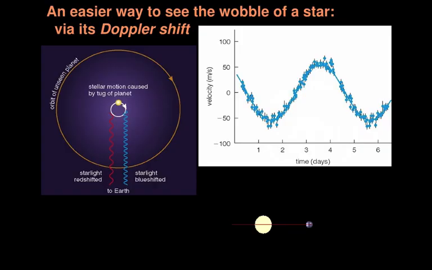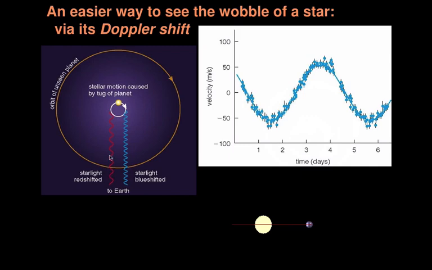A lot of times you'll end up seeing this sideways, like we're seeing down here, where this planet's going to go around, and you're going to see this star here in the center, but you can't see exactly how everything's moving. Instead, you're going to use the Doppler shift. As things move towards you in the Doppler shift, they're going to blue shift. They're going to move to smaller wavelengths.